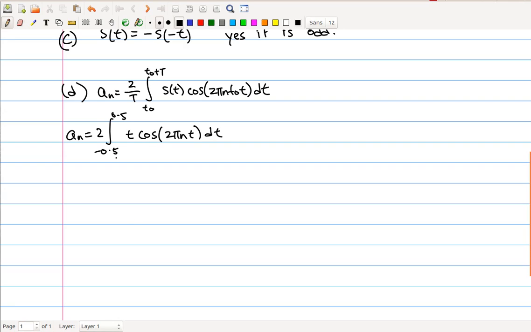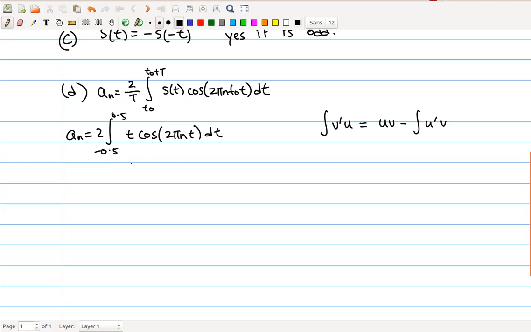Okay, so basically this is our an calculation we have to make. This is an integration by parts. So if you remember from your maths, this is integral of v dash u is equal to uv minus the integral of u dash v. Okay, so that's integration by parts.